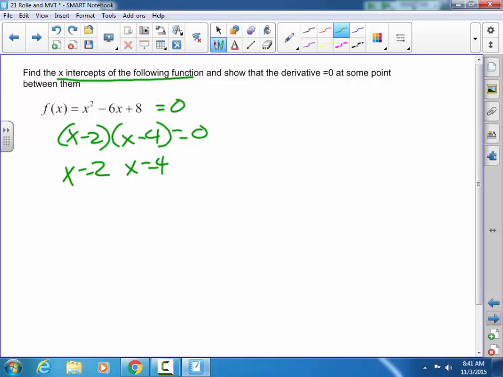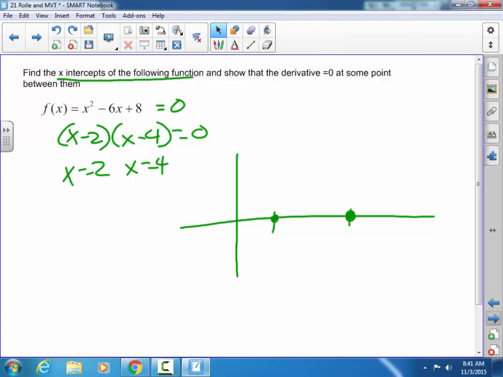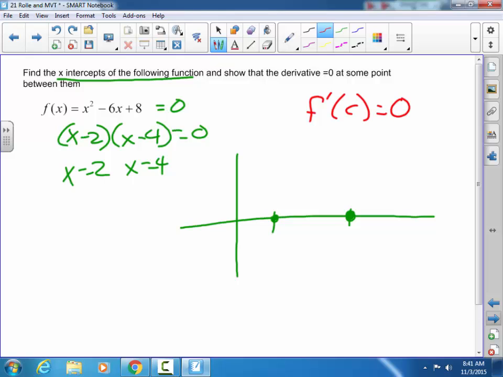Now think about what we know graphically suddenly. We know that at 2, this function crosses the x-axis. We know that at 4, this function crosses the x-axis. There has to be a place where it's 0. And how do we know that there has to be a place where the derivative equals 0? What are we using, Rolle's or MVT?